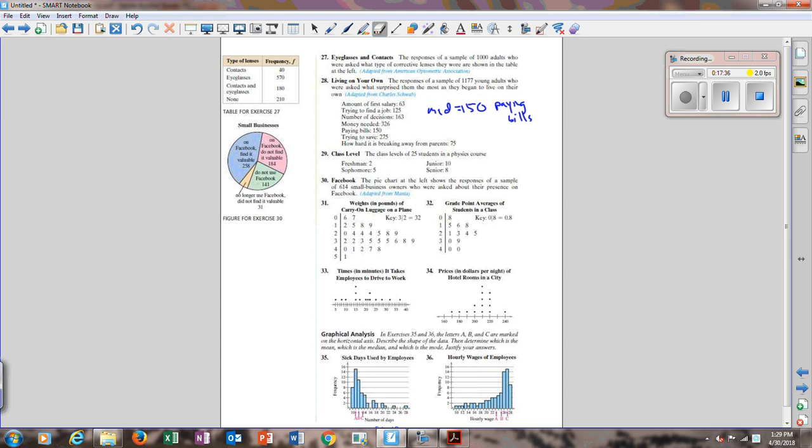Number 30. The pie chart at the left shows the responses of a sample of 614 small business owners who were asked about their presence on Facebook. Okay. Once again, if we were to find a mean here, that would be just adding together the values, same as we've been doing.